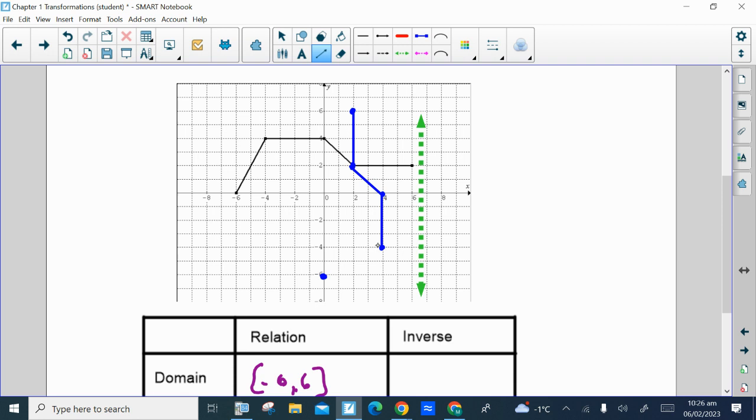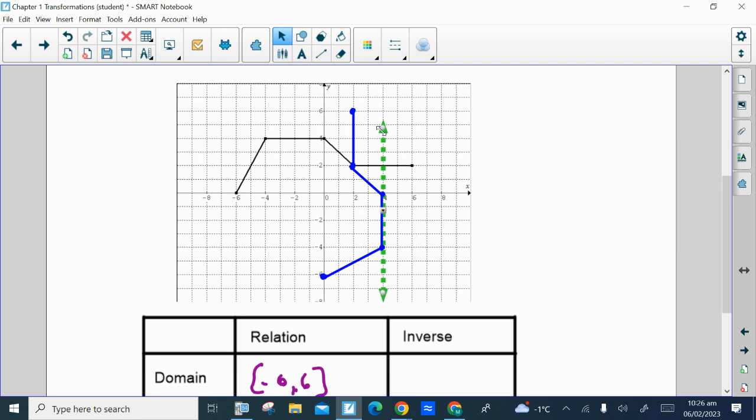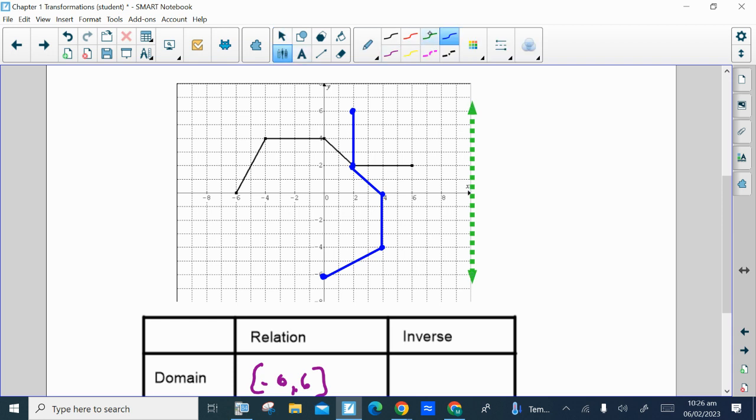So you can see we've got a couple sections of this graph that are vertical, so therefore it is not a function. It will fail the vertical line test. If we drop the line there, it's crossing the graph in infinitely many points. Same thing happens there. All you have to find is one spot where the graph crosses a line in more than one place, and you can say that it is not a function.